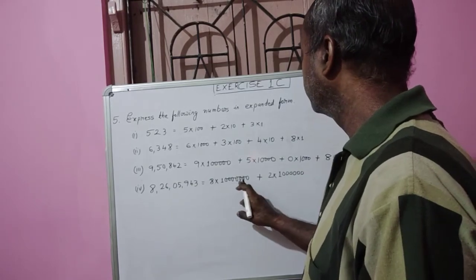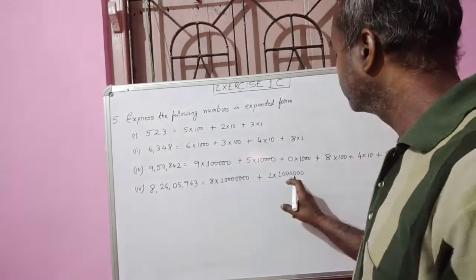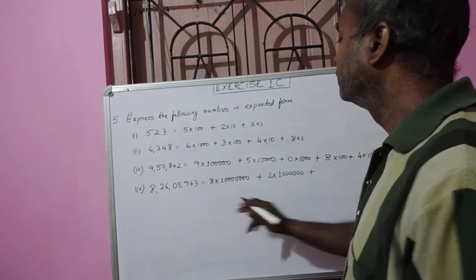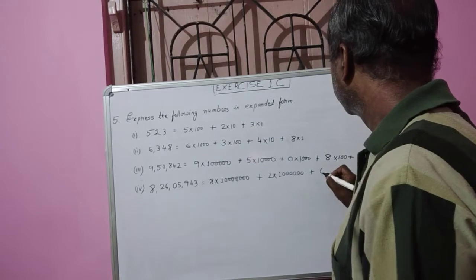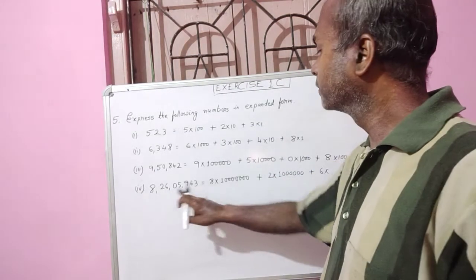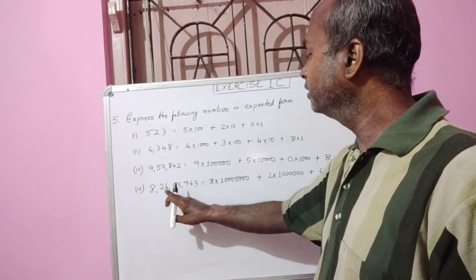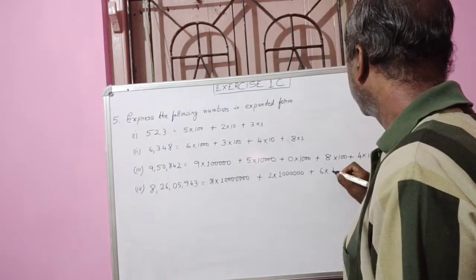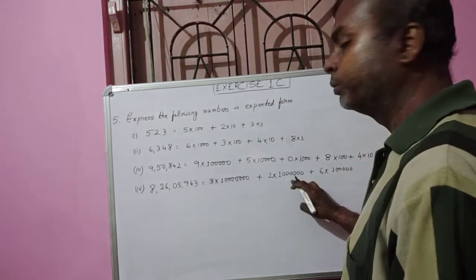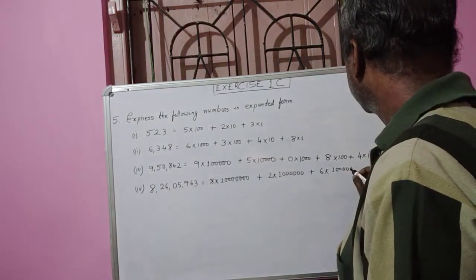Next number is 6. 6 is in which position? Lakhs position. Count: 1, 10, 100, 1000, 10,000, lakh. So 6 is in lakhs position. So 1 less 0: here 6 zeros were there, so here 5 zeros will be there. 1, 2, 3, 4, 5.